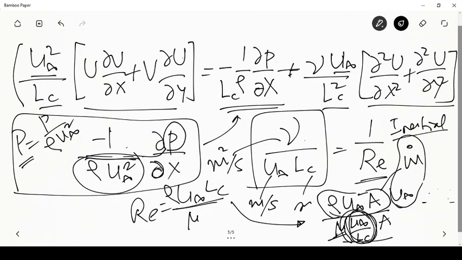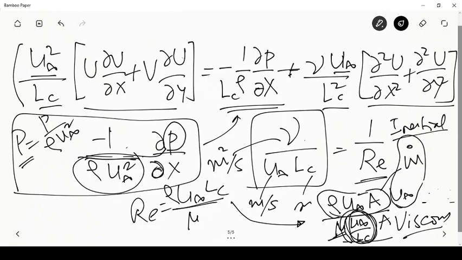So the Reynolds number stands for a ratio of the inertial forces on the plate to the viscous forces on the plate. When the Reynolds number is large, the inertial forces dominate over the viscous forces.